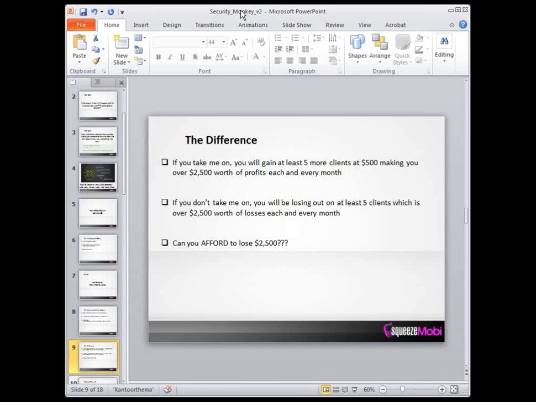Am I making at least a little bit of sense? Can you afford to lose that $2,500? Maybe, if you're a millionaire. But if you're getting hit by the recession and you're just cutting it close, maybe not.